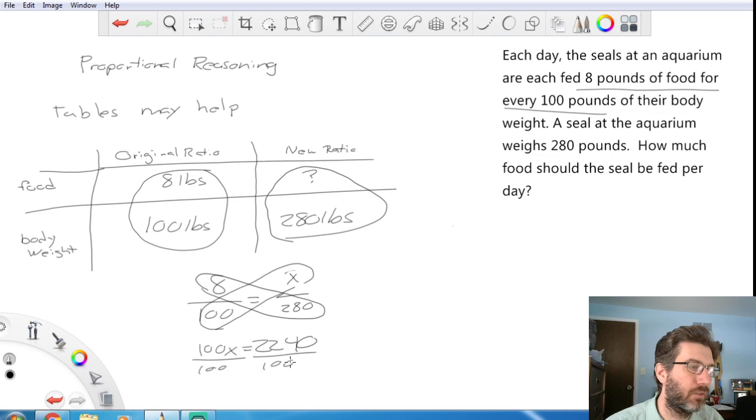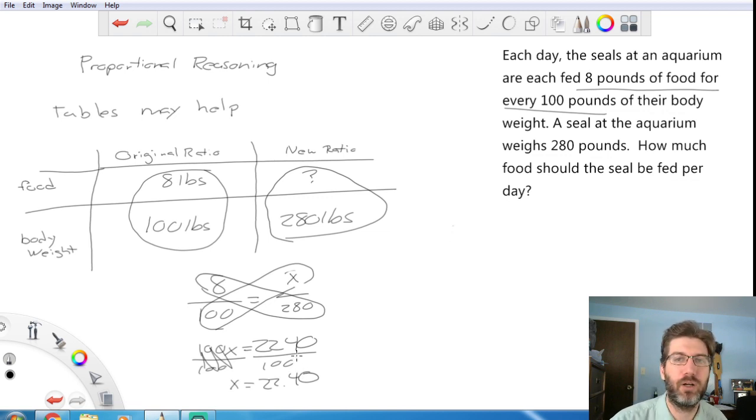Divide that by 100, get x by itself, and x equals 22.4. So for an 8-pound animal, you need 100 pounds. For a 280-pound animal, you're going to need 22.4 pounds.